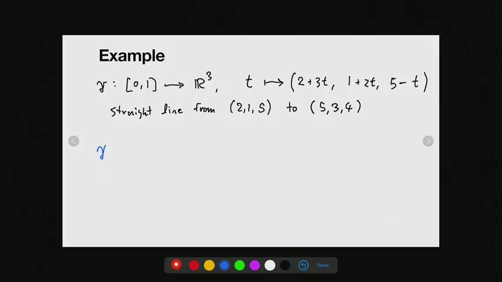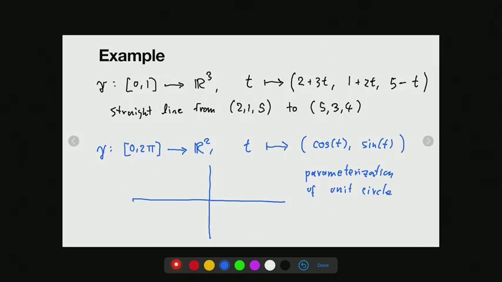Another curve that looks familiar to you is the unit circle. Let's say a curve gamma, and the parameter interval is from 0 to 2 pi. It maps into two-dimensional space. And we take the following positions. For any t, we take cosine of t and sine of t. That's just a parameterization of the unit circle.